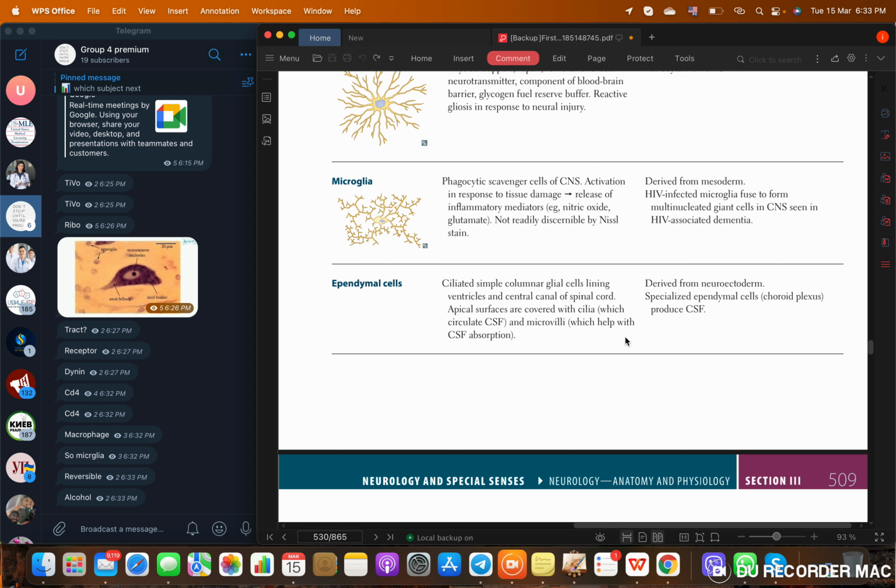So, ependymal cells. The ependymal cells are the type of cells covering the ventricles and the CSF system from the inside. Remember, inside of our brain, it doesn't matter if it was the hemisphere, telencephalon, mesencephalon, metencephalon, or myelencephalon, it does not really matter.